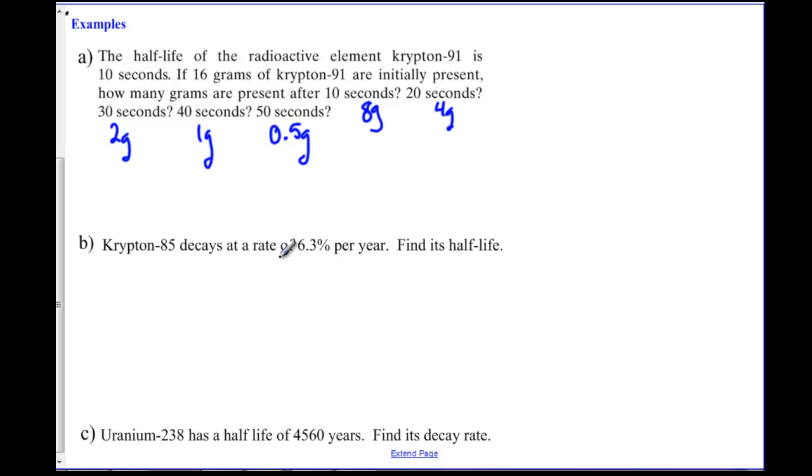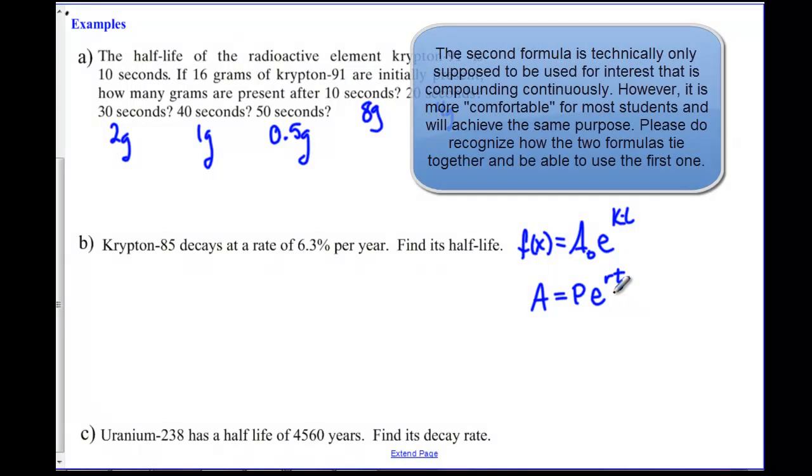So krypton 85 decays at a rate of 6.3% per year. Find its half-life. So we have what letter? Here, hang on. This is where I'm sort of torn about which letters to use. Technically it's this, but I'm going to write the formula we've been using for money, because it's the same idea, and I feel like this looks less scary.